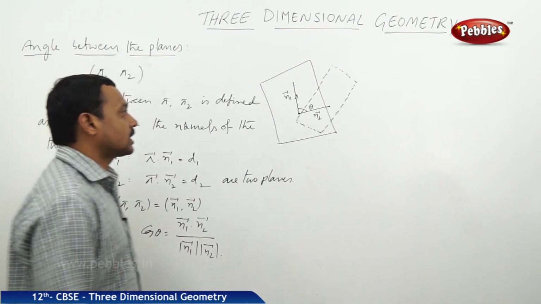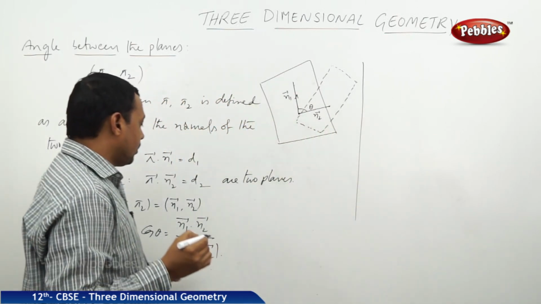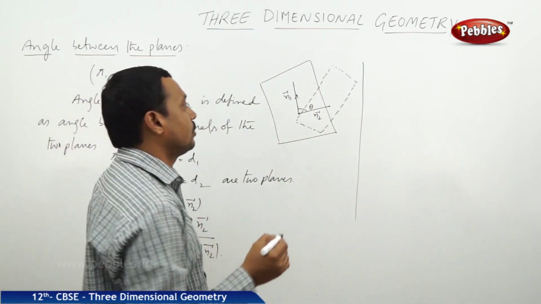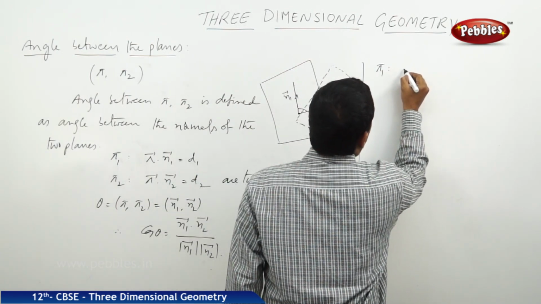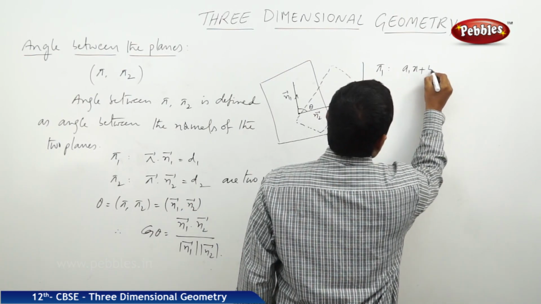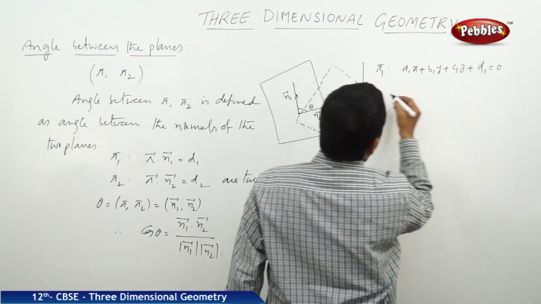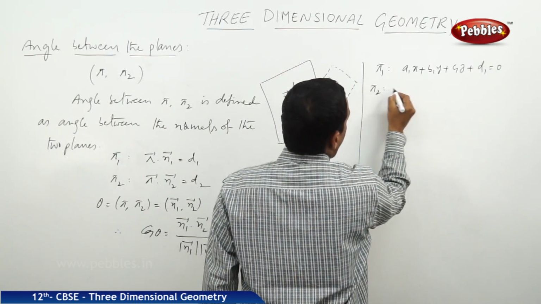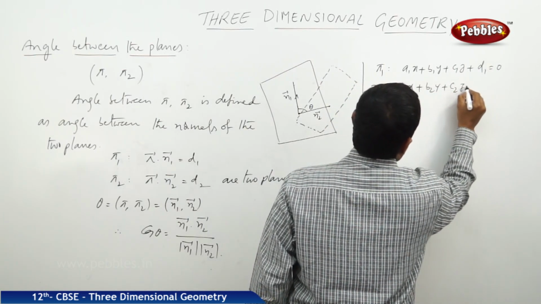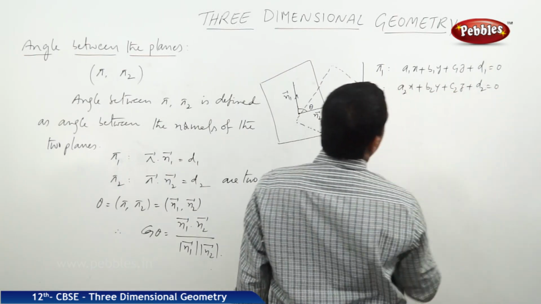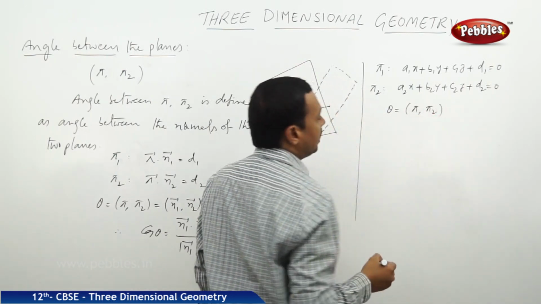Now it is in vector form. Now let us see the angle between the two planes in Cartesian form. Suppose one plane pi 1 is a1x plus b1y plus c1z plus d1 is equal to 0, and the second plane is a2x plus b2y plus c2z plus d2 is equal to 0, and theta is the angle between the two planes pi 1 and pi 2.